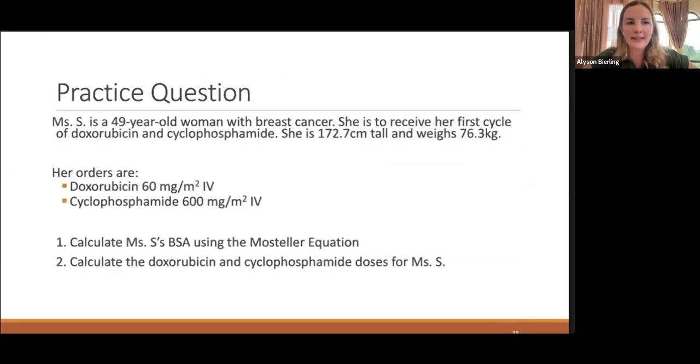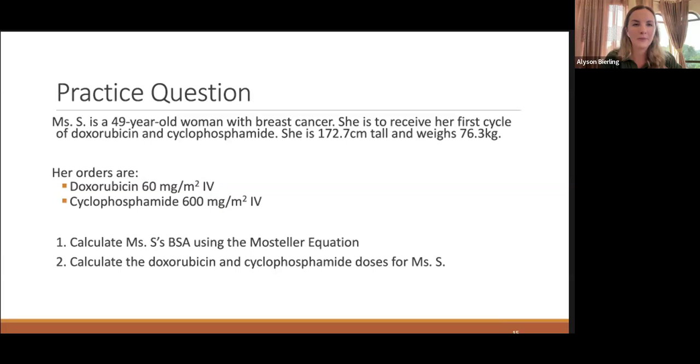So we'll move on to the second part of the dose determination, which is calculating the doxorubicin and the cyclophosphamide doses for Miss S. Hopefully we all have the patient's body surface area calculated. Once we know it, we can look at our orders, which are doxorubicin 60 milligrams per meter squared and cyclophosphamide 600 milligrams per meter squared.